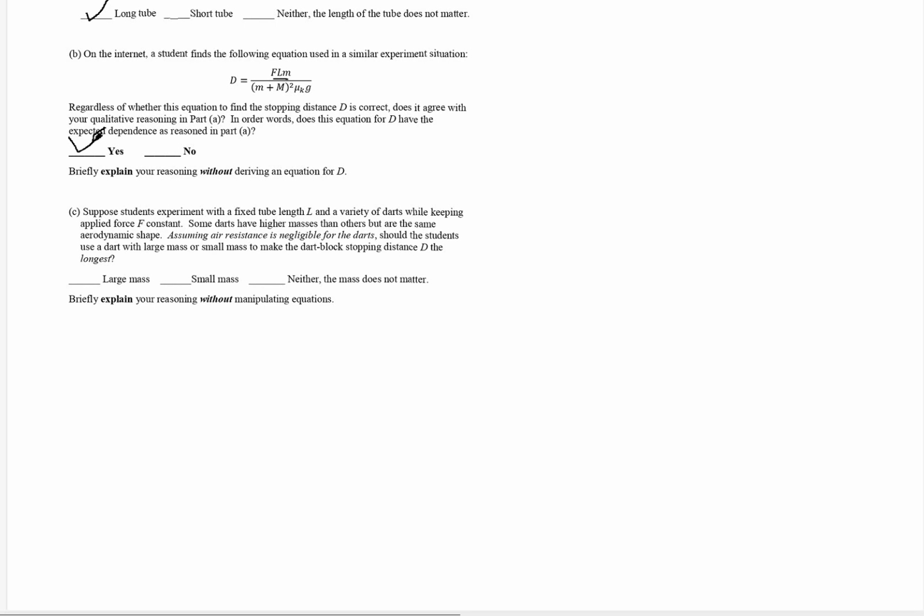Okay, so F t is equal to m v. But in this scenario, in part C, it says that the tube length L will be fixed, and the force will be constant.